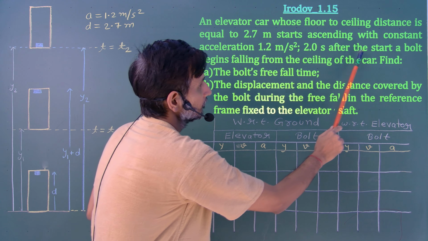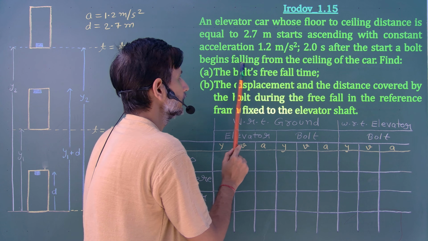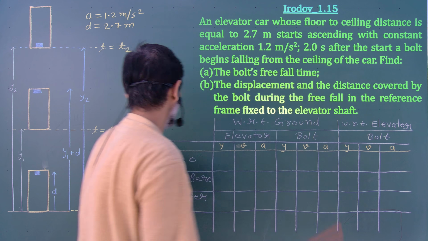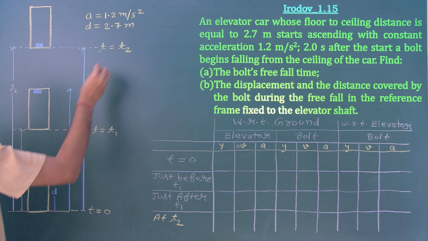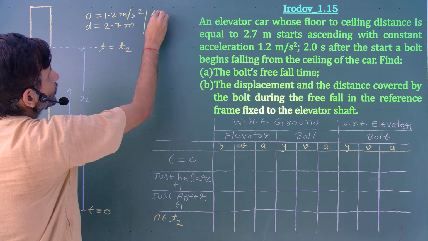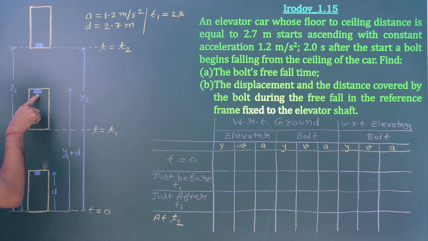2 seconds after the start, a bolt begins falling from the ceiling of the car. Now what happened at time t1? t1 equal to 2 seconds. A bolt from the ceiling starts falling.